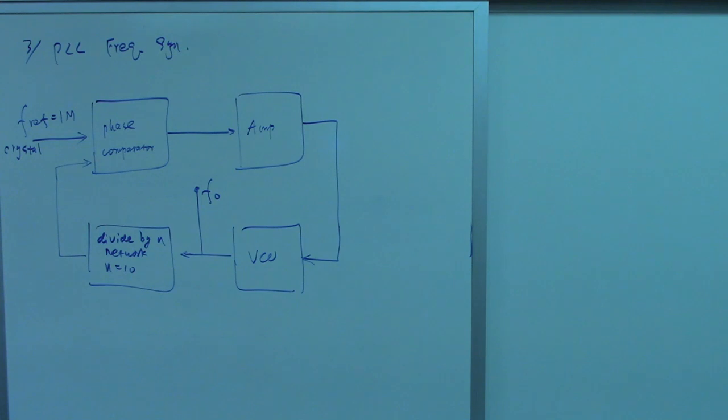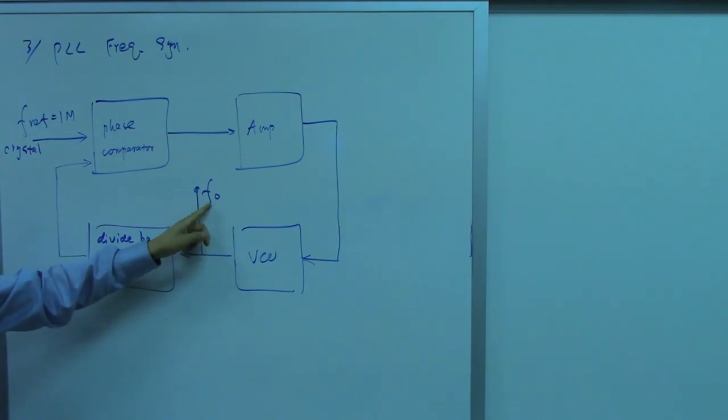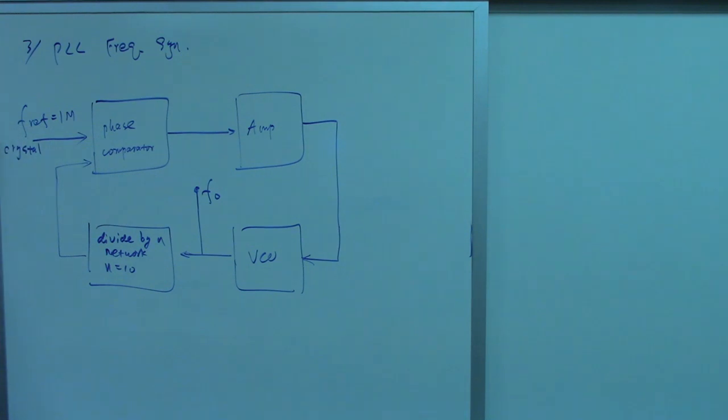How does this work? Right? Ignore this first. We connect this one directly to here. Once this is locked, this frequency will be equal to 1 meg, right? Two frequencies must be identical. That's called locked. But now, this F0 is divided by 10. So once this is locked, this frequency will be equal to this 1 meg.